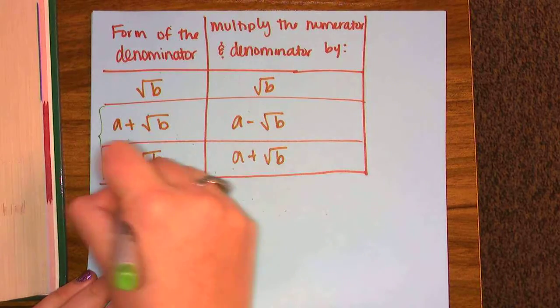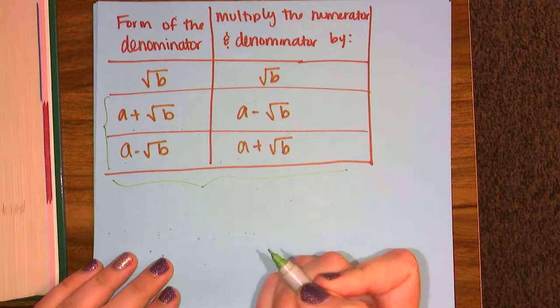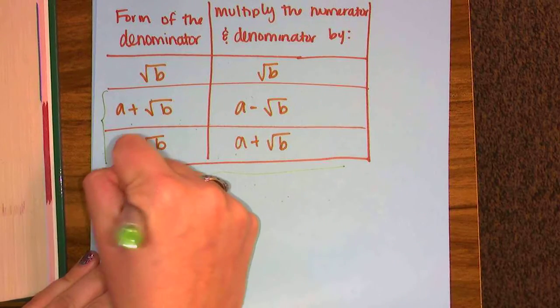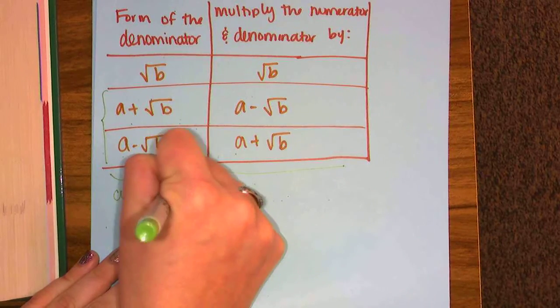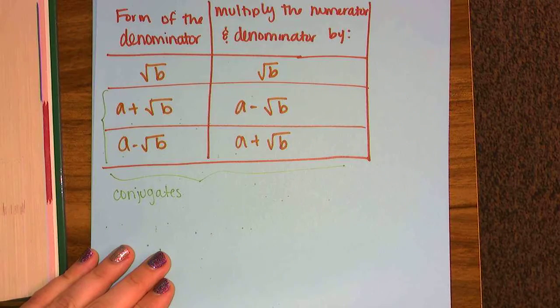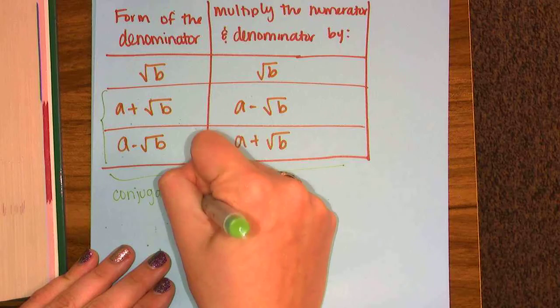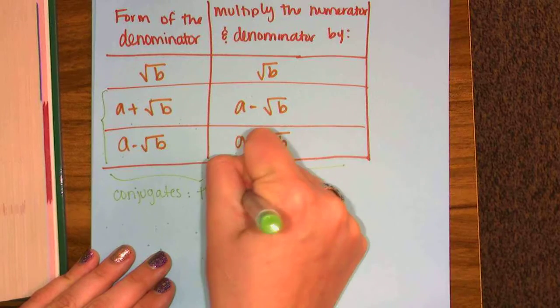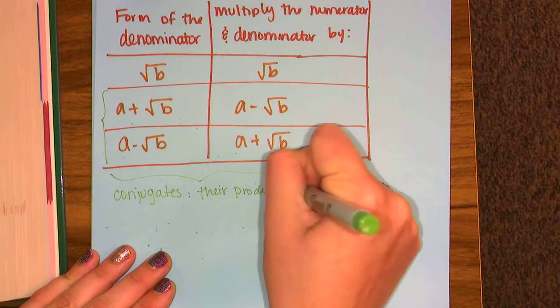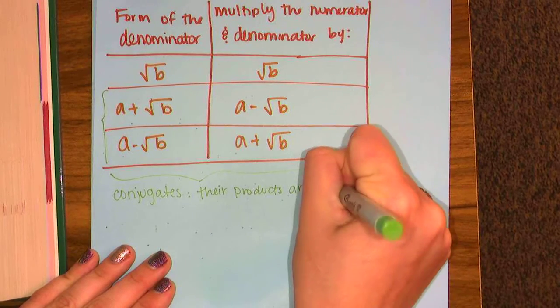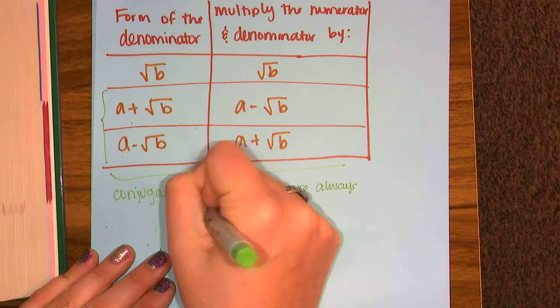These that I've just bracketed off are called conjugates. And their products are always rational numbers.